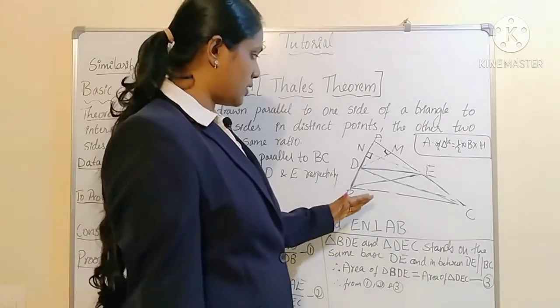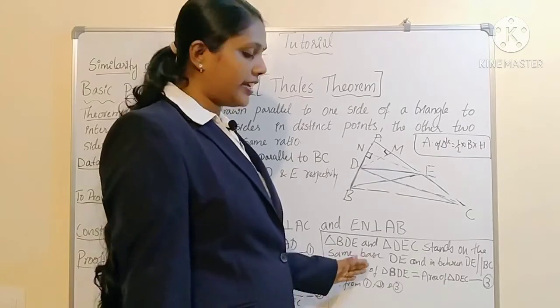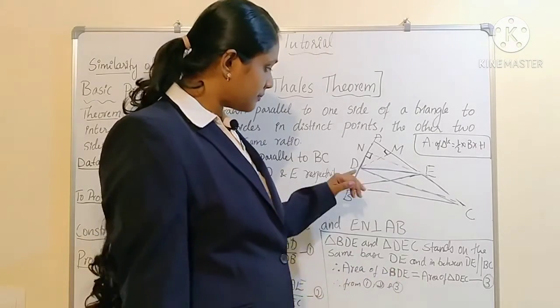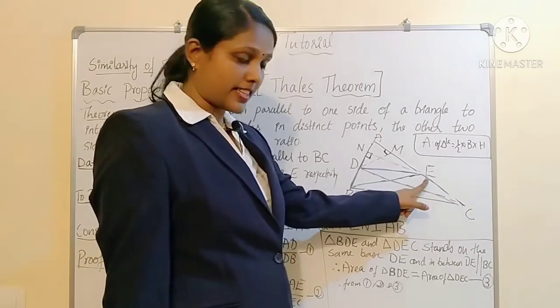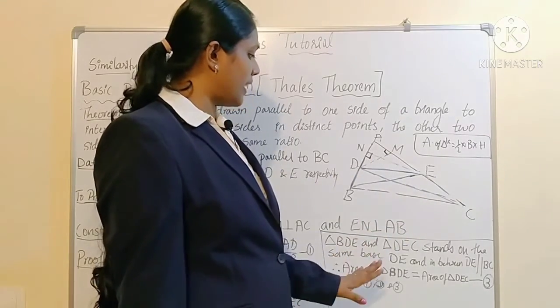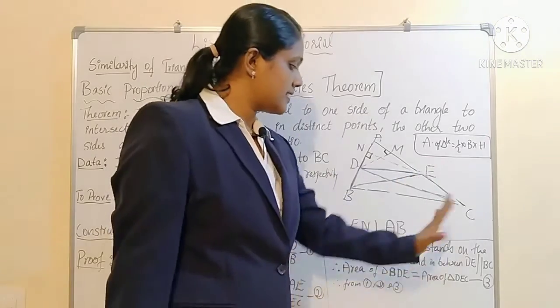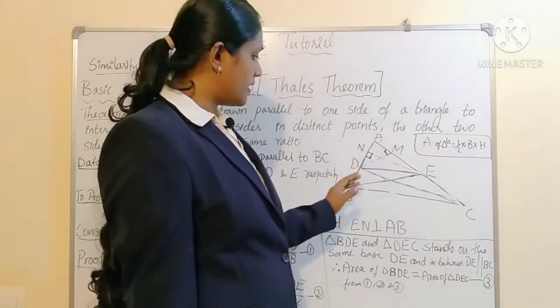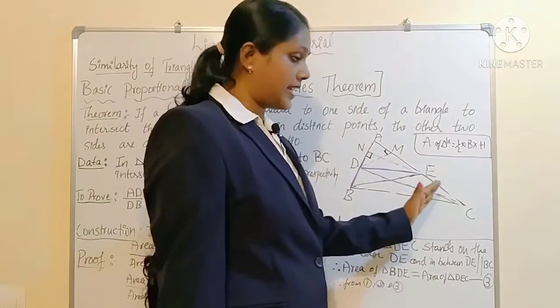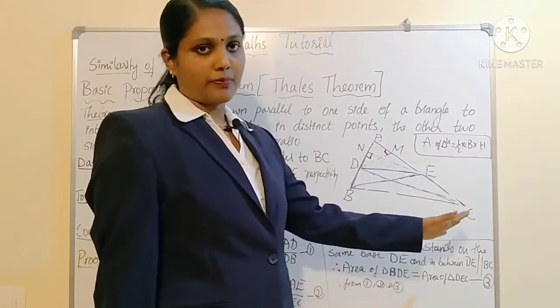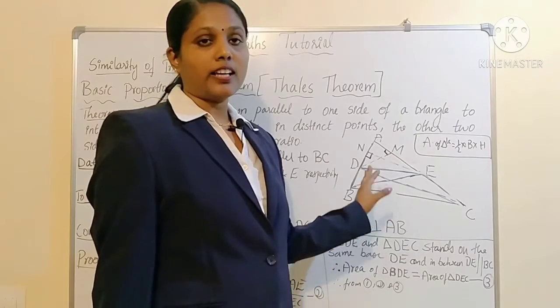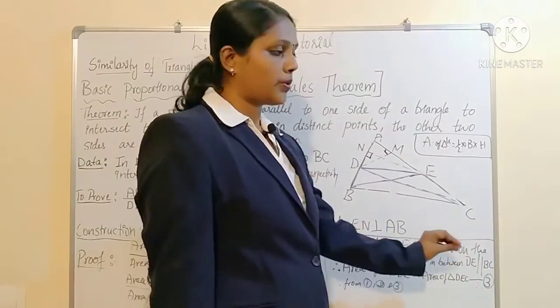That means the two are parallel. Therefore the area of triangle BDE is equal to the area of triangle DEC. I hope you understood. So if these two are equal, this is equation number 3.